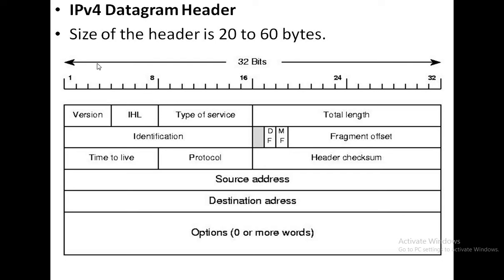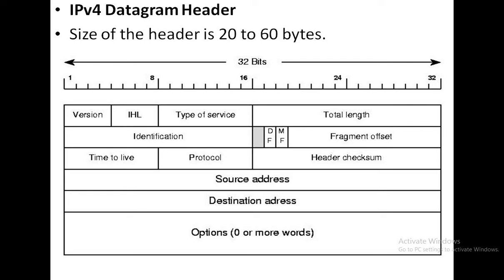So the next field is type of service. The type of service field is used to identify the quality of service. It defines 4 bits, that is D, T, R and C. So what are D, T, R, C?